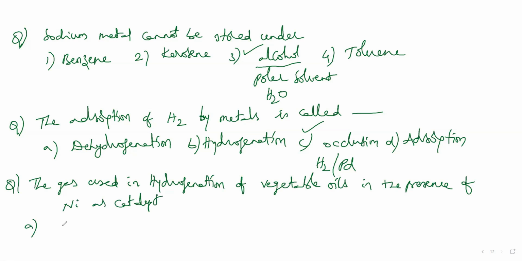So which gas is used for hydrogenation of vegetable oils to form dalda or vanaspati? What you will get finally, dalda or vanaspati. So methane, ethane, ozone, hydrogen gas. So hydrogen gas is used in hydrogenation of vegetable oils. Next question.